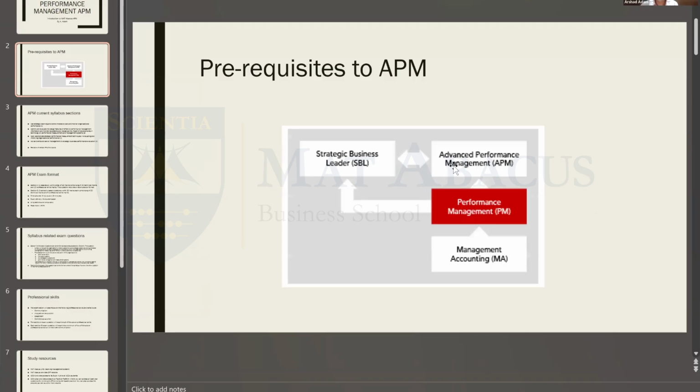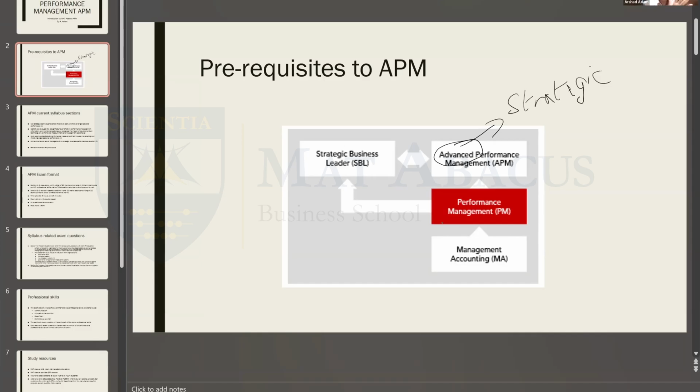And when you do advanced performance management, you do performance management at a strategic level. That's the difference. So when you say performance management and advanced performance management, instead of using the word advanced, you can use the word strategic. That's it. So I need to know my performance management.